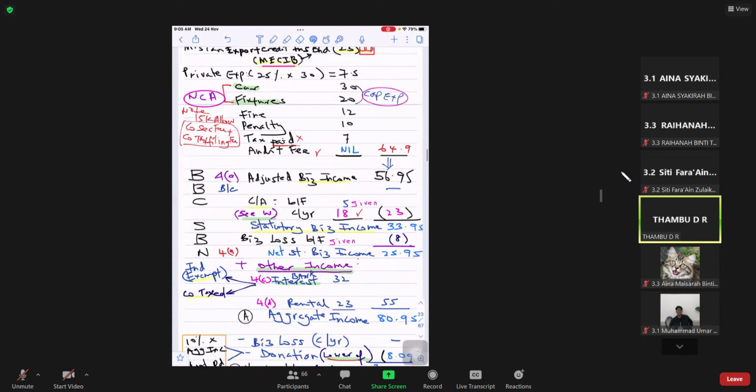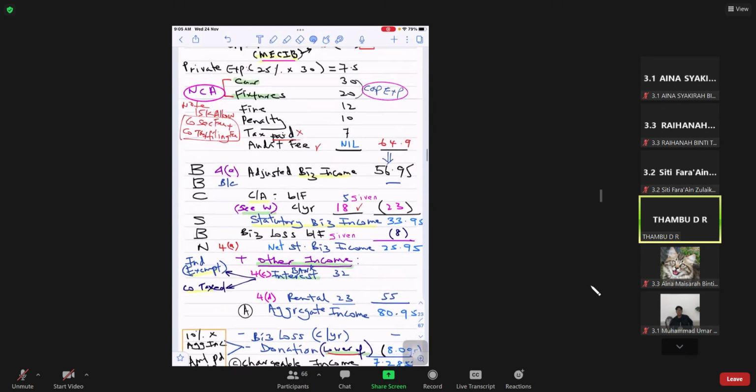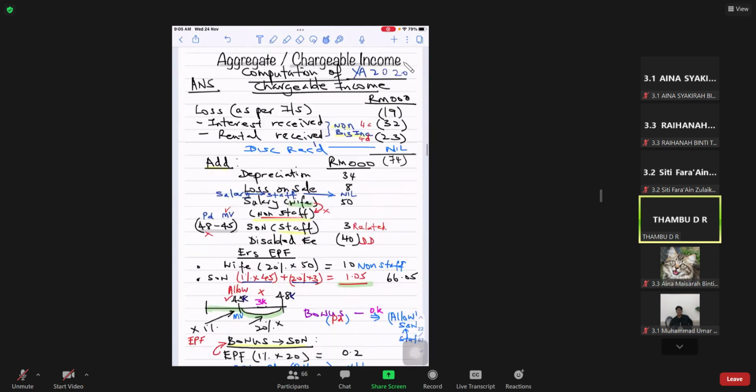Other income. Now you bring in your other income. Remember just now I threw out my bank interest. Bank interest, individual exempt, company taxed. Look in the question.